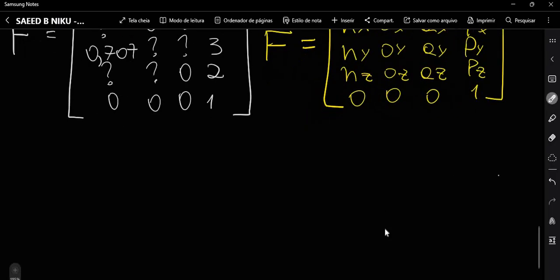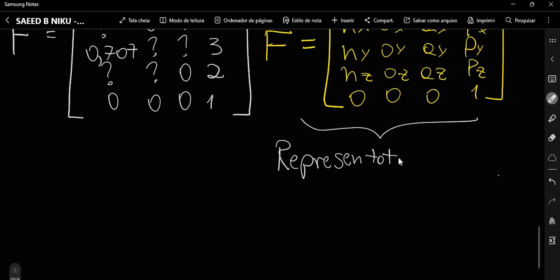Let me write again the statement: matrix representation of a referential.